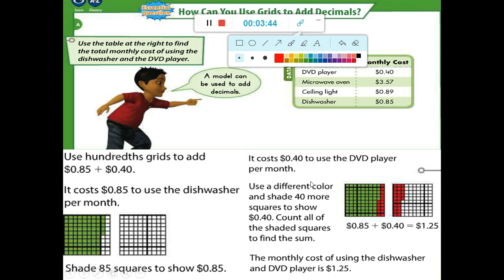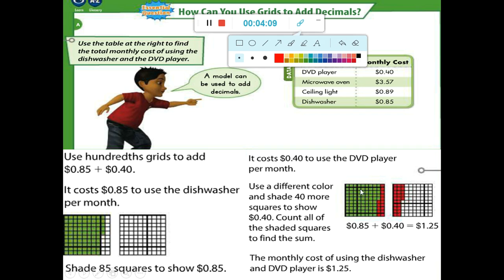Here, now we use different colors. This represents 0.85, so we shade 85 hundredths, and we draw another 100 grid and we complete 40 hundredths. Here we have 85, so we need 15 to complete it.